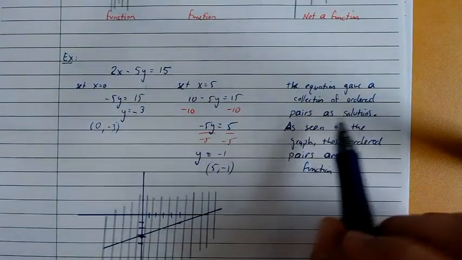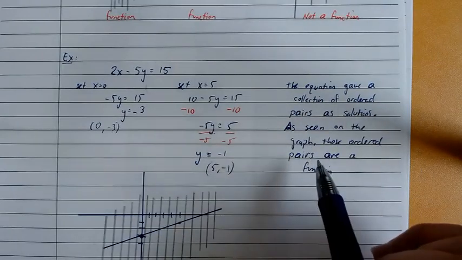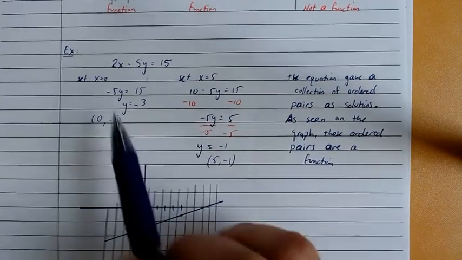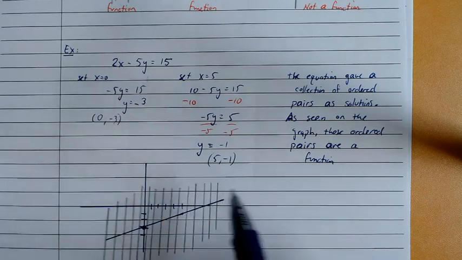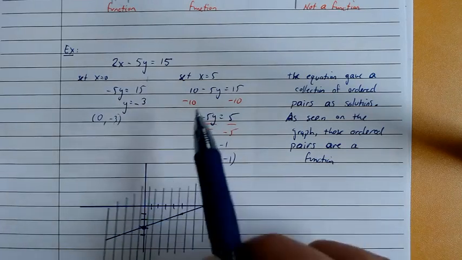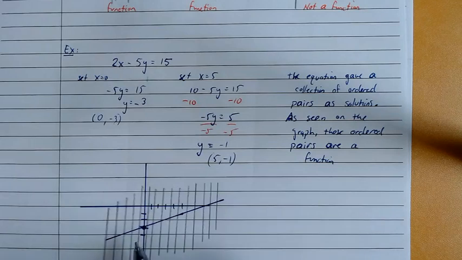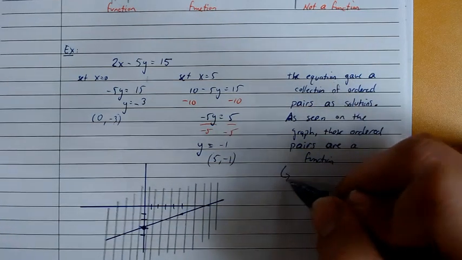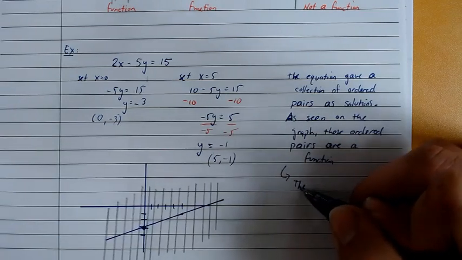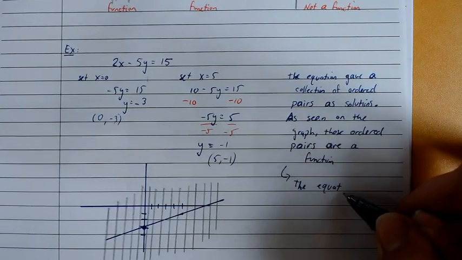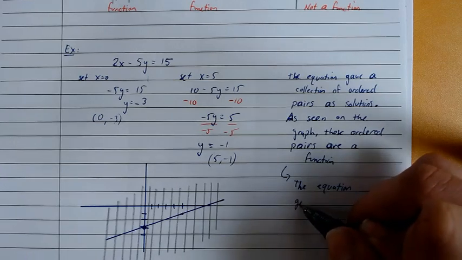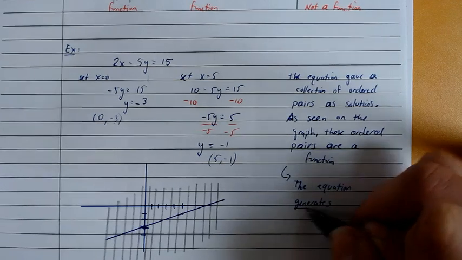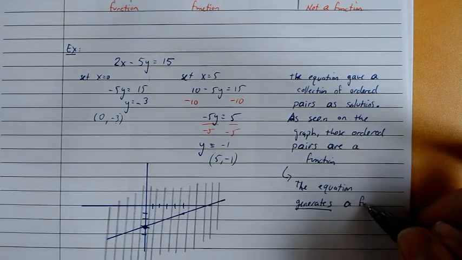Now, no one ever wants to say that, not once, let alone over and over again. But whenever we're dealing with equations, this is a possibility that that equation, whatever it is, might give us a set of solutions, and when you look at those solutions they might form a function. So instead of saying all of this, generally the way we say it is the equation generates a function.